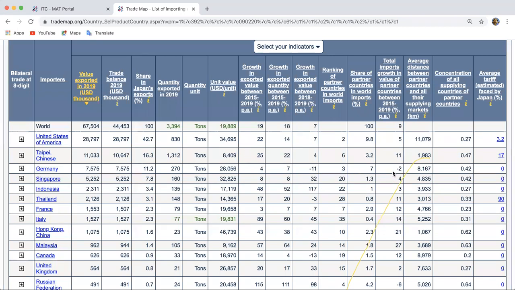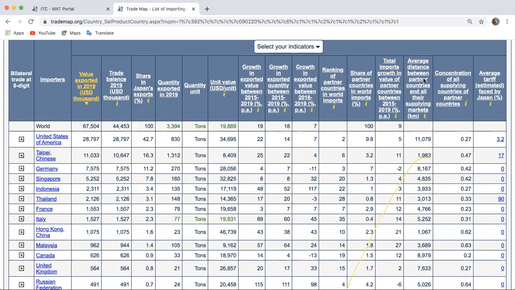But here we can see that Germany's imports from the world are actually declining. So Japan is doing better in Germany than the overall exporters to Germany. But then again, it might not be the most dynamic market, as it is declining, and the world green tea market is, in general, doing very well. So Germany might not be the best choice, again, if you don't have a foot in this market yet.